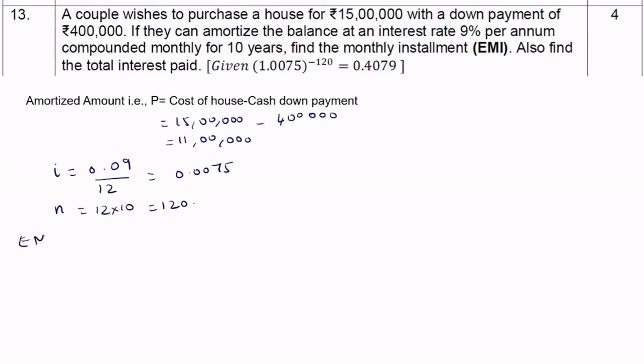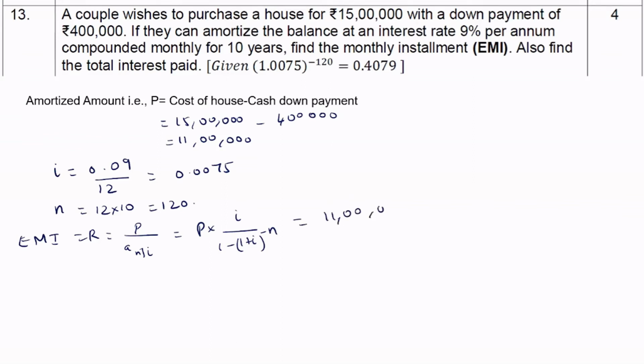Now the EMI is given by R is equal to P upon present value of annuity for n, I. So this is equal to P into I by 1 minus (1 plus I)^minus n. So if we substitute each of the values, we will get the answer.